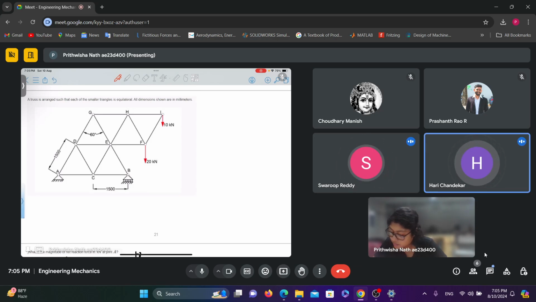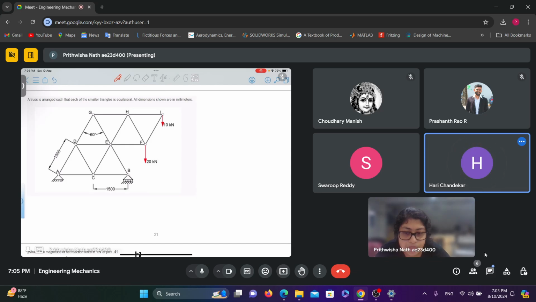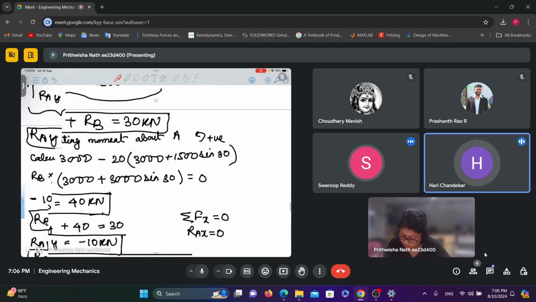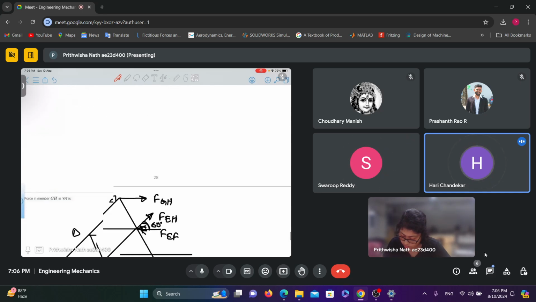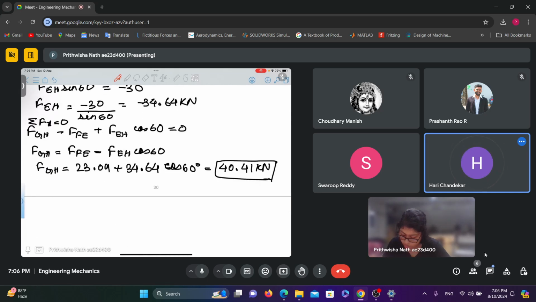Ma'am, the notations that you use, like we found GH, force in member GH. Can you please show the cut section, ma'am? Yeah, the forces at the two joints, G, the sketch.